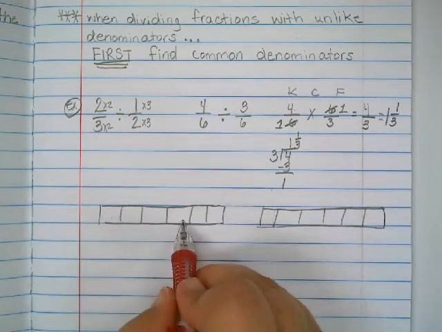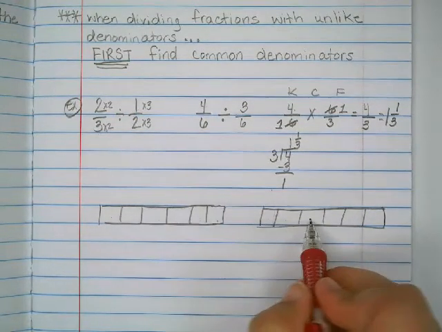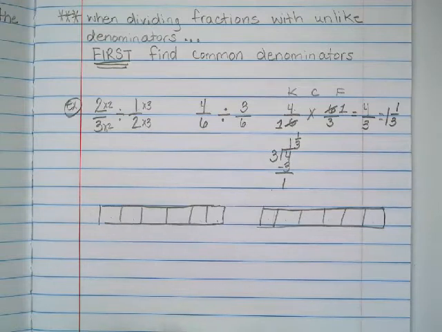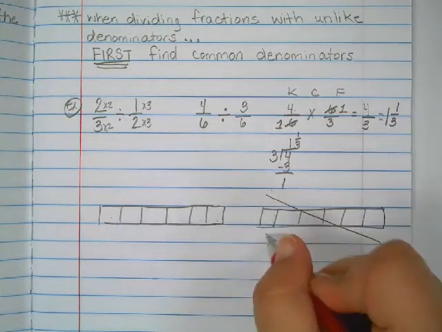One, two, three, four, five, six. 1, 2, 3, 4, 5, 6. So I'm going to have 4/6 divided by 3/6. Oh wait, I made a mistake. I don't need this one at all.